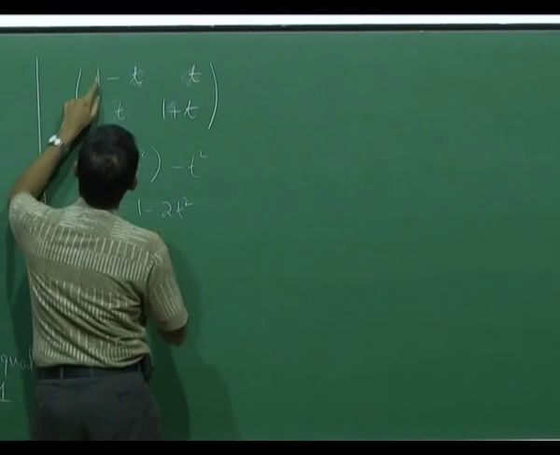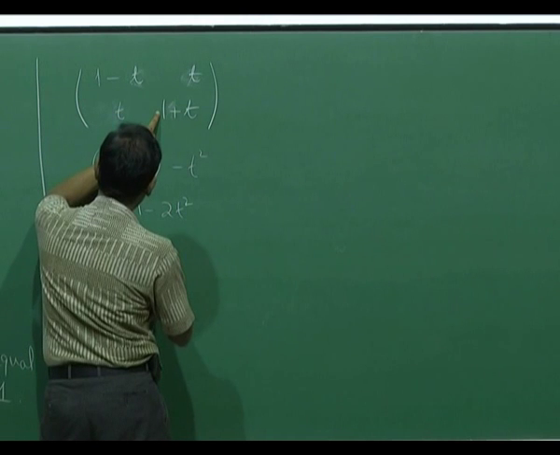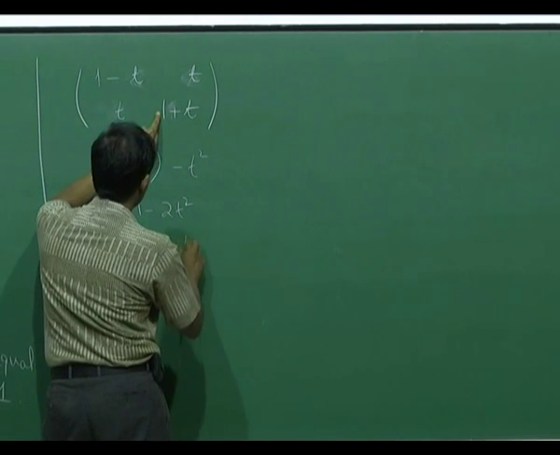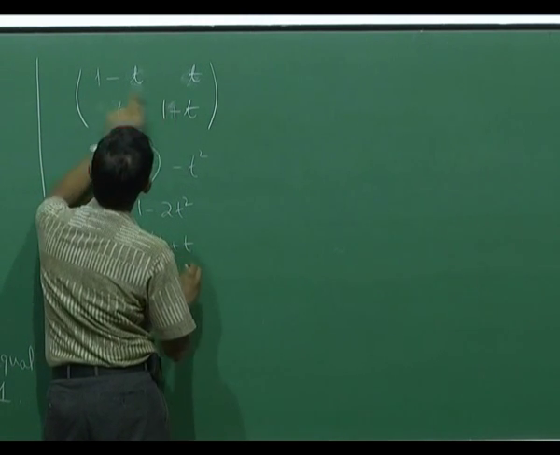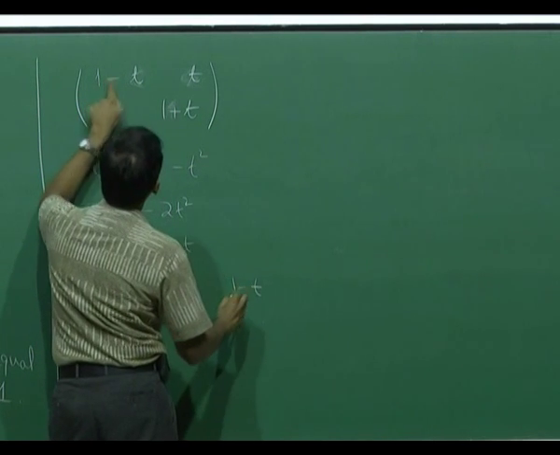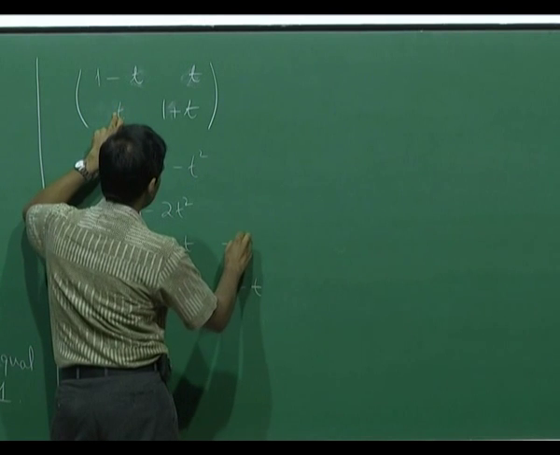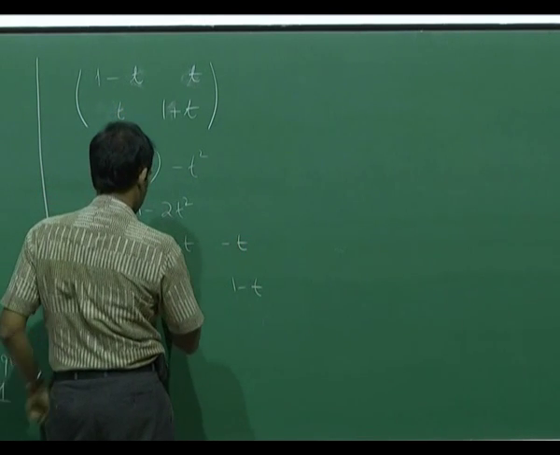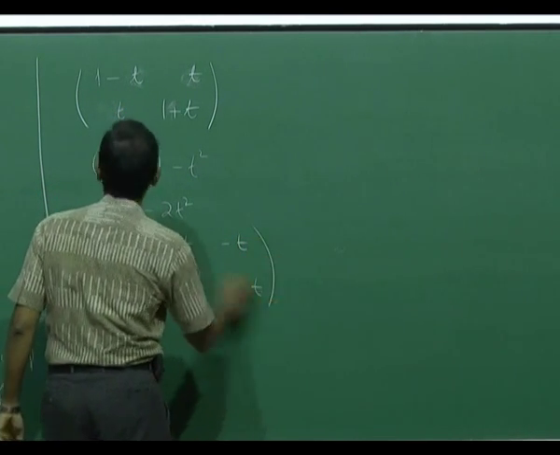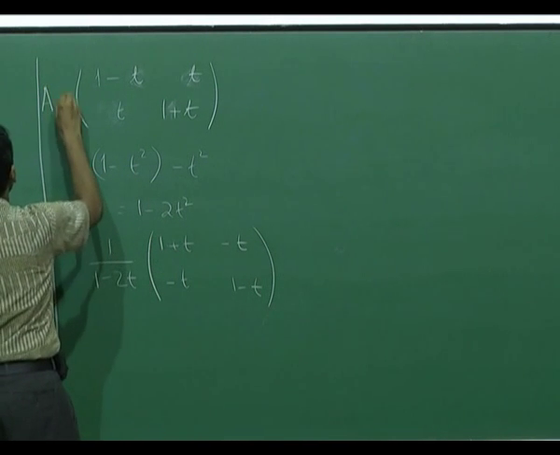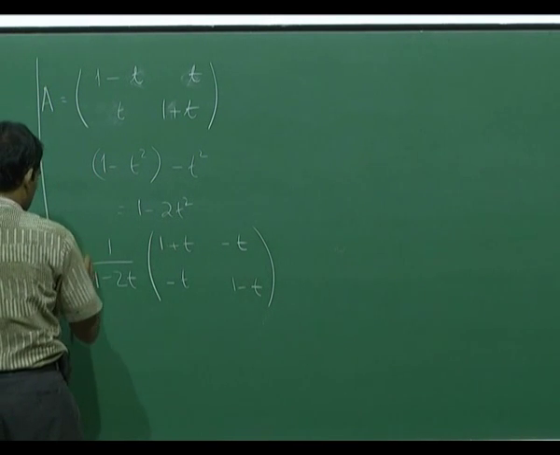So this one will be replaced by this minor, this one will be replaced by this minor, this one will be replaced by the negative of this minor, and this one will be replaced by the negative of this. So if this is A, then this is A inverse.